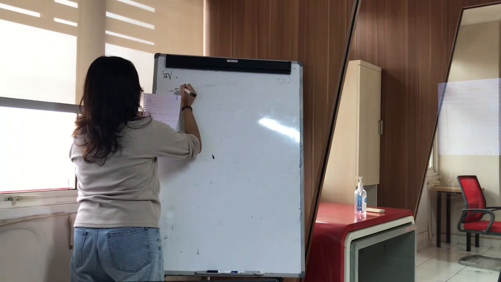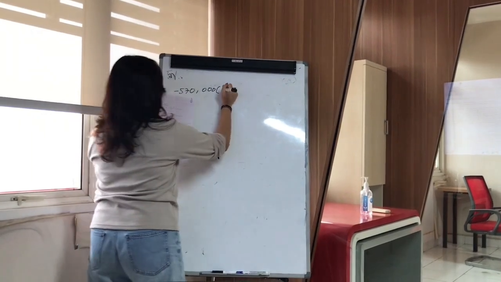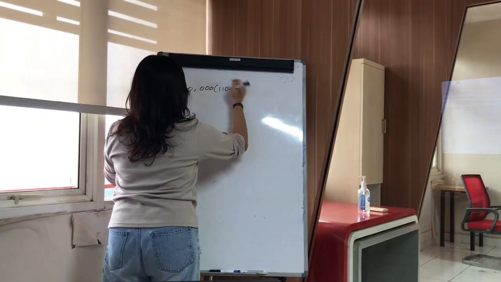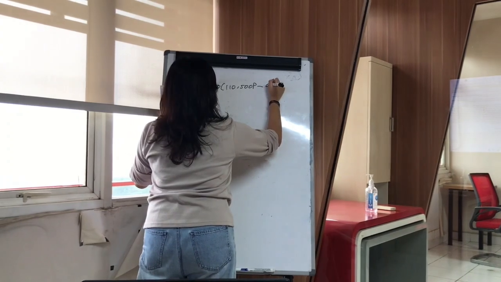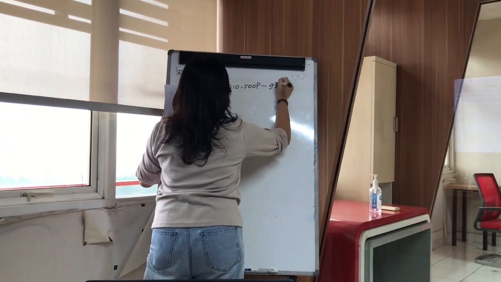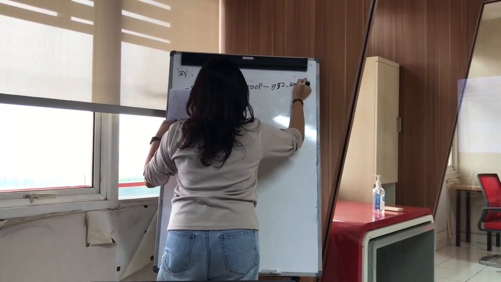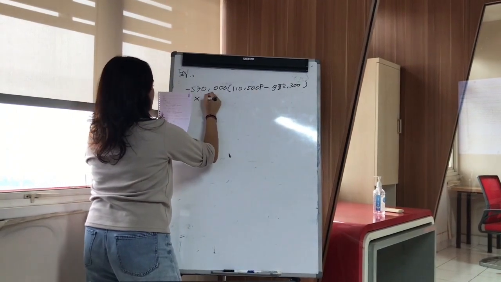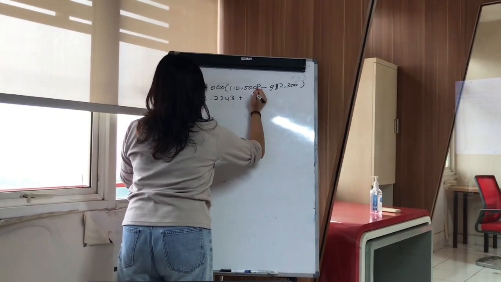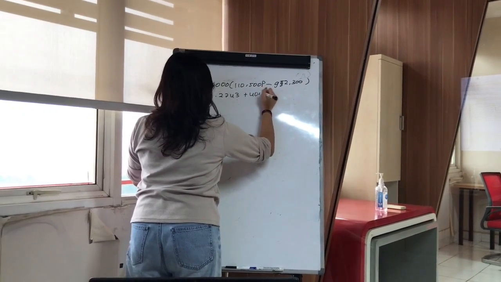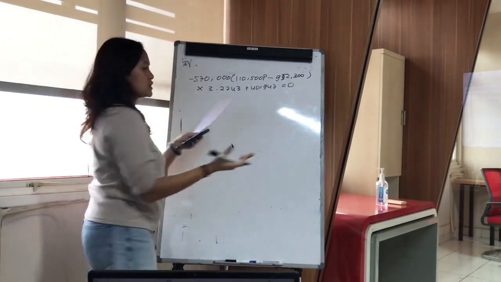That will make us get minus 570,000 plus 110,500P minus 952,300, and we will times that with 3.2743 and add or plus with 40,947 equal to 0. With that, we will solve P.